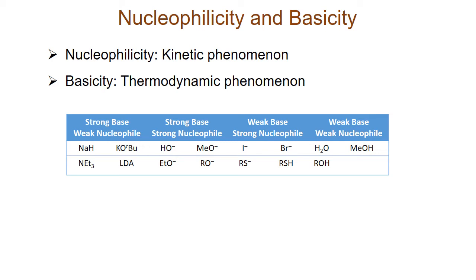And solvent molecules like water and methanol are usually weak nucleophiles and weak bases. So with this categorization of reagents into strong bases or strong nucleophiles, we can move on and try to attempt a few problems where we will try to differentiate between SN2 and E2 reactions.